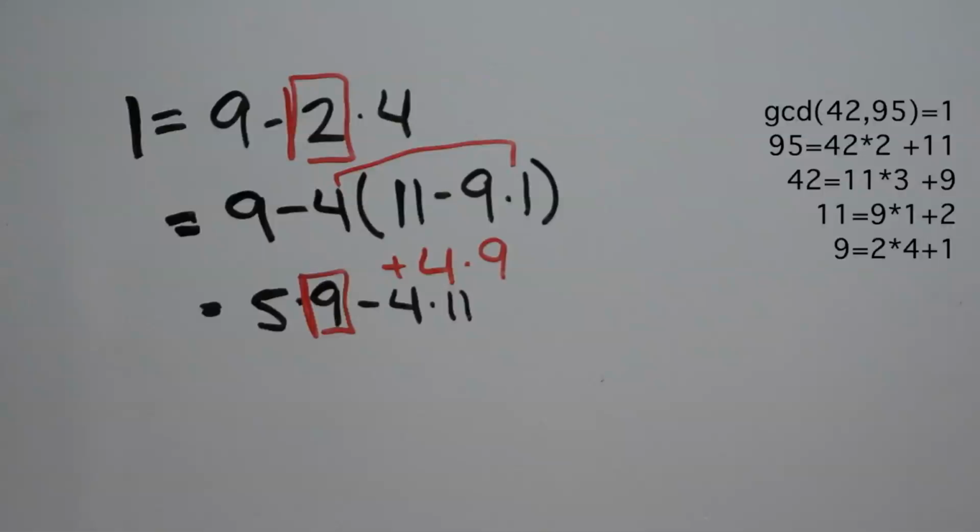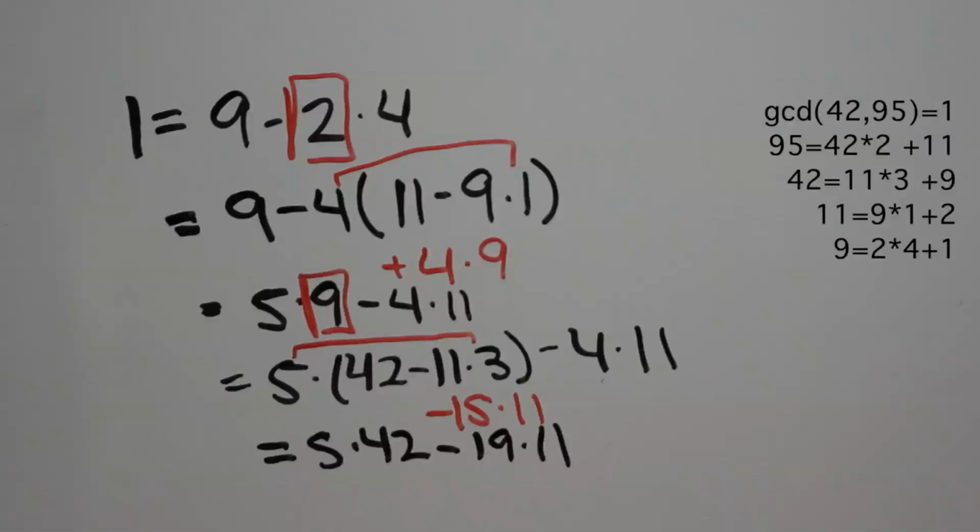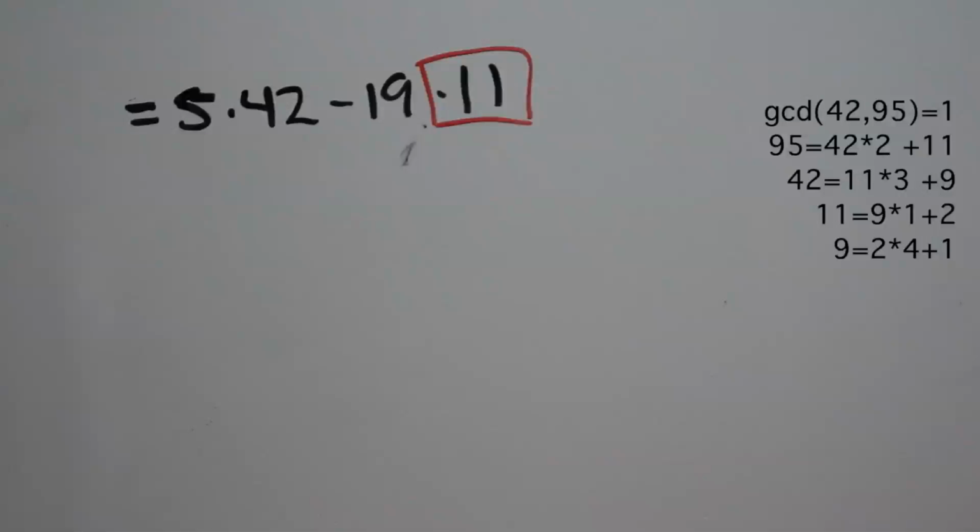We go another step here. We're replacing that 9 next, because we have that remainder of 9 when working up our list. And so we do 5 times 42 minus 11 times 3 minus 4 times 11, and we see that we have that common factor of 11. So you pull that out, do 15 11s, and put the combined like terms there. We have 5 times 42 minus 19 times 11. And moving on, just clearing up some space to start at the top again. 5 times 42 minus 19 times 11.